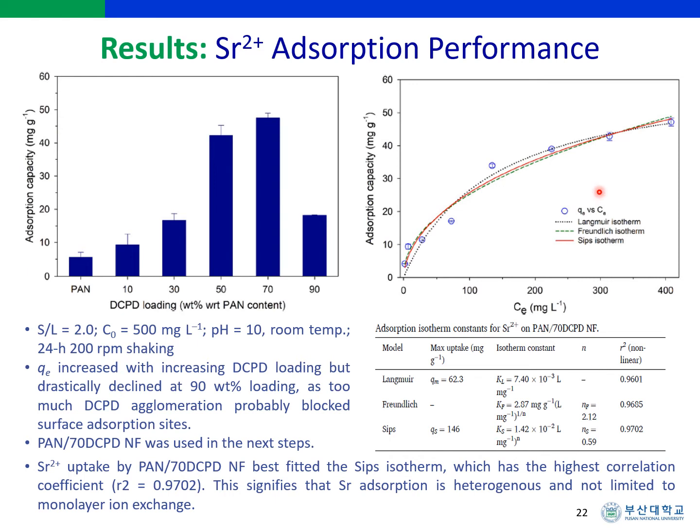Results of the equilibrium adsorption experiments showed that strontium uptake by PAN-70 DCPD-NF best fitted the ChE's isotherm, which has the highest correlation coefficient here, and this signifies that the strontium uptake by PAN-70 DCPD-NF was heterogeneous and was not limited to monolayer ion exchange.